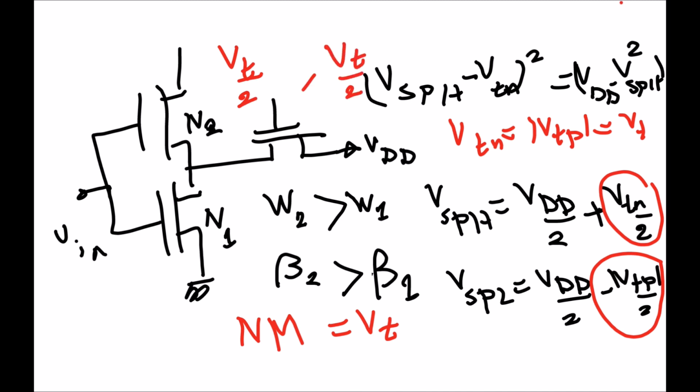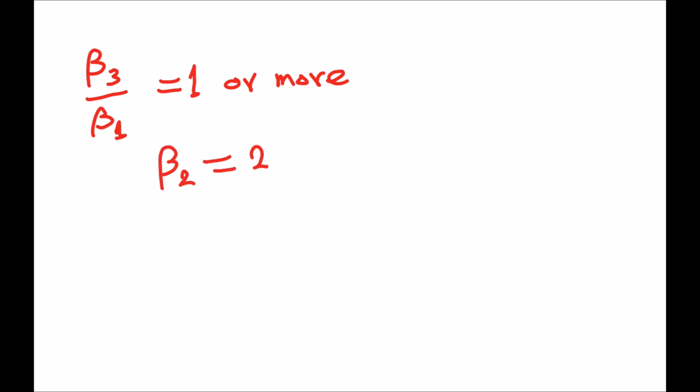To summarize, we would like to have usually beta 3 over beta 1 as 1 or more for a Schmitt trigger, because if we have it very small, it is basically a CMOS inverter. Same for beta 2, we can set beta 2 to 2 beta 1.